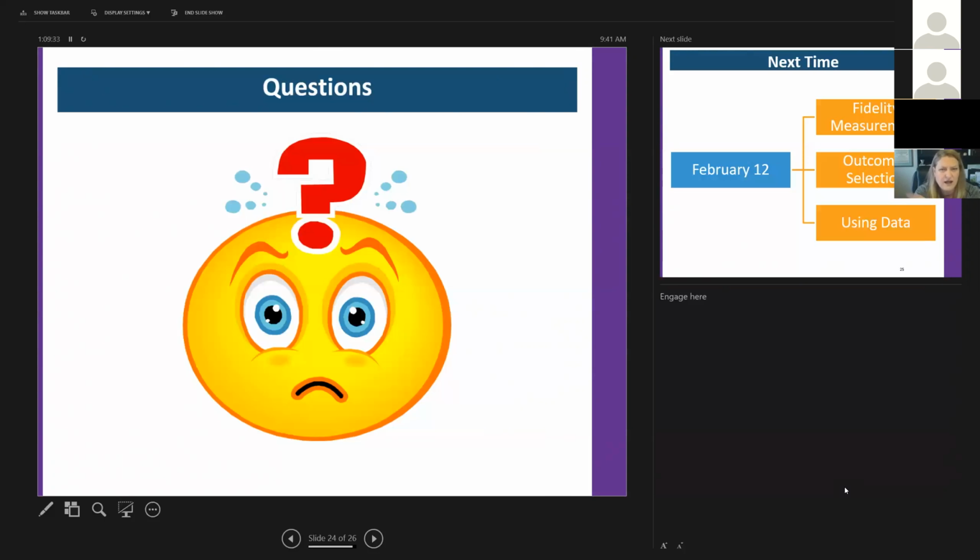I have 2 or 3 more slides, and my contact information is on that last piece. I'm happy to think through those pieces with you, because the measurement tool is incredibly important. If you've got a tool that isn't directly related to your outcomes, you're not going to be able to show that change.